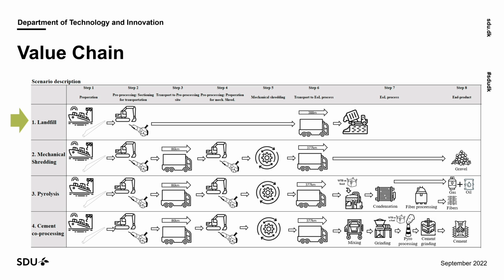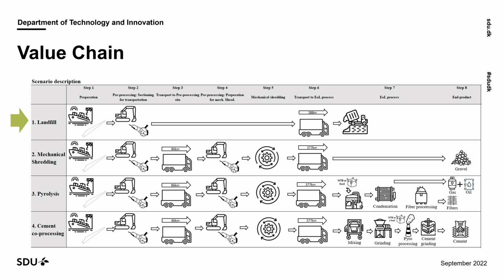Then in step 2, we need to pre-process to the extent that we can actually transport the material. So it's, you can say, sectioning for transportation. Then the third step, we need to transport it. And here we assume we're using H.J. Hansen's site in Taulo. So we're transporting it to that, where in step 4 it's further cut into smaller sizes, so we can in step 5 actually shred the material.